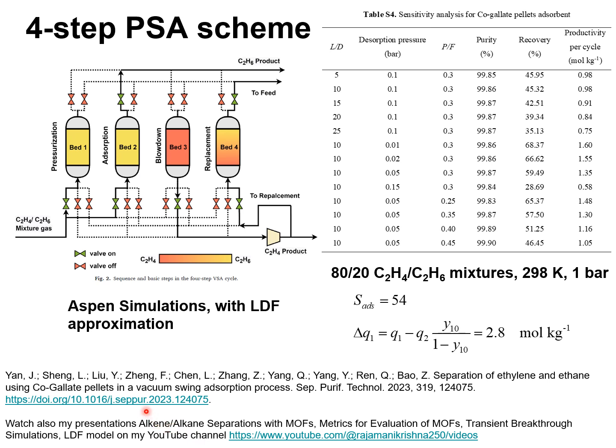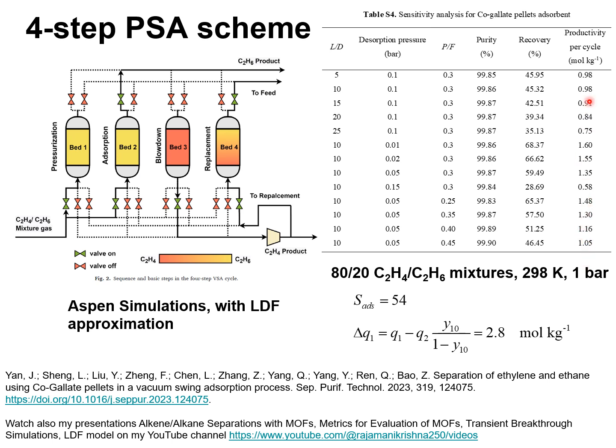The important point I would like to make is that the results of the use of this simplified PSA scheme with the simplified LDF approximation are summarized in a table in their paper, in which the purity and productivity per cycle of purified ethene are presented.